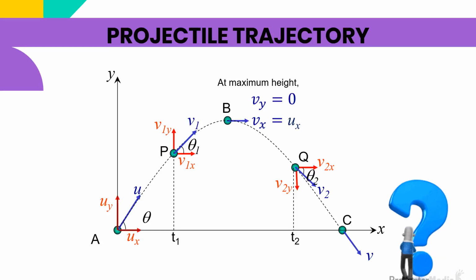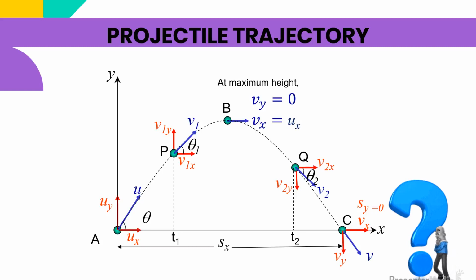At point C, the displacement is 0 because the ball has returned to its original position. The velocity at point C is v, which is the final velocity, and has x component vx and y component vy.